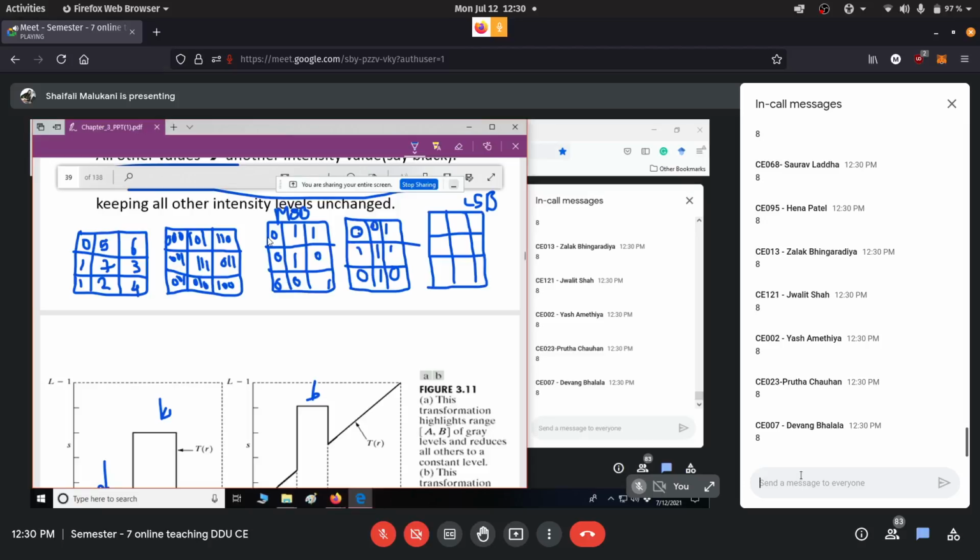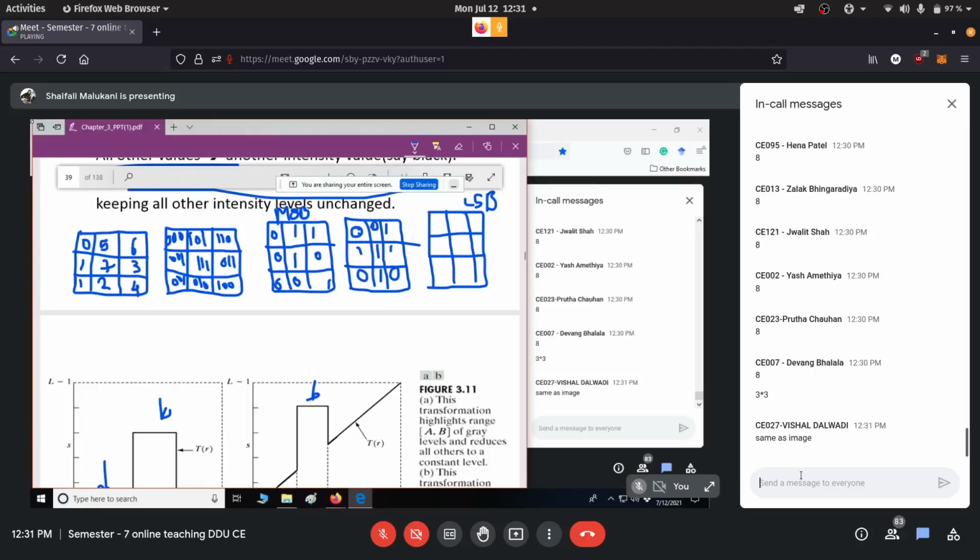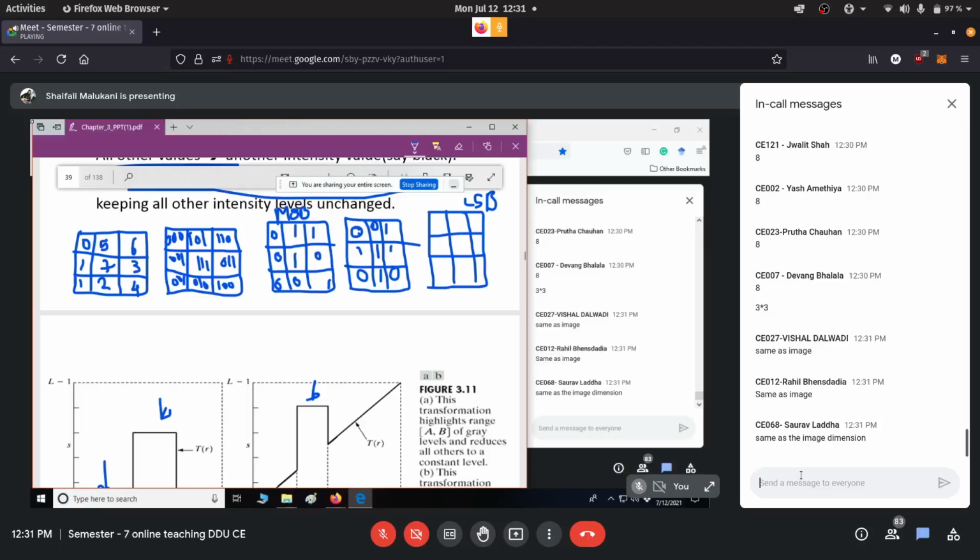How many cross how many? What will be the dimension? Okay, same as the original image. True. Here it is 3 cross 3, same as the image dimension. That's true. It is absolutely correct.